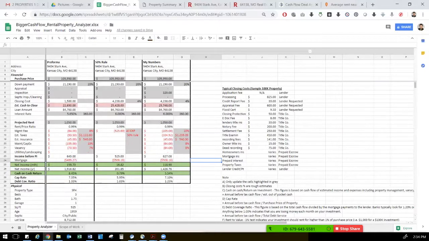So once I normalize my numbers, you're ending up with $120 in net income after you deployed $26,000 to close. And that equates to about a 5.5 cash on cash return. So one of my metrics is I want at least 12% cash on cash return. So this to me is not a winner in that regard.